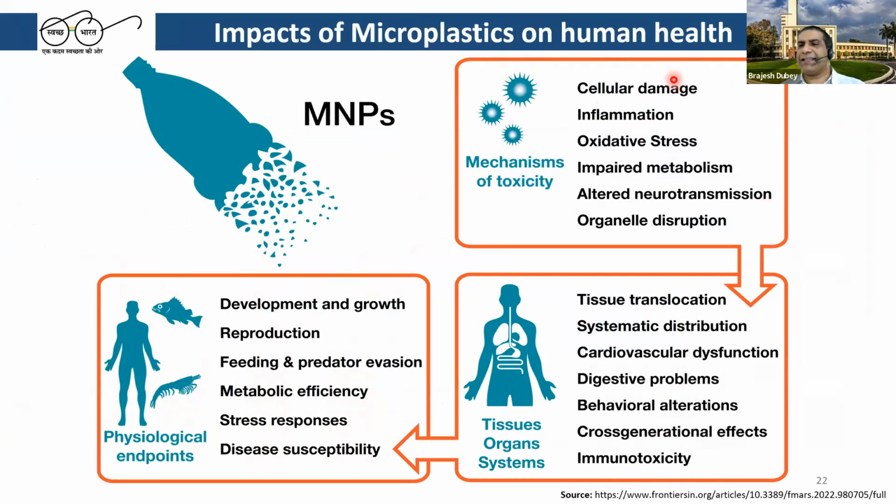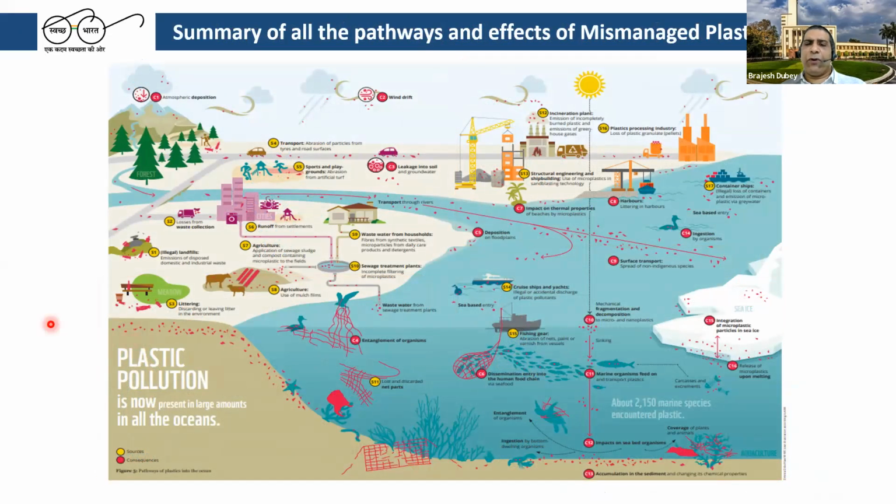The lab studies suggest that it can cause cellular damage, oxidative stress, or tissue translocation, and affect the tissue, organ system, reproduction system; physiological endpoints are there. And if you look at plastic pollution, there is a variety of sources, and as you can see, most of these sources, because of the mismanagement, again, I stress this part, you will hear me talking about mismanagement many times.